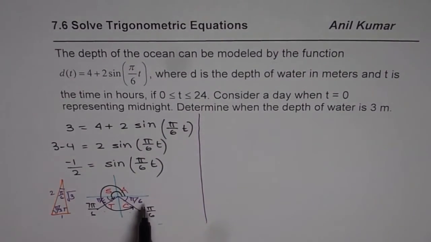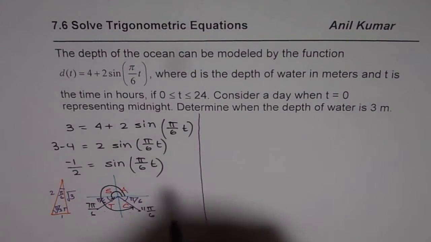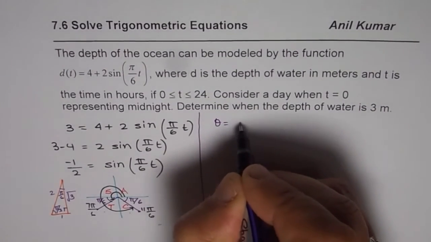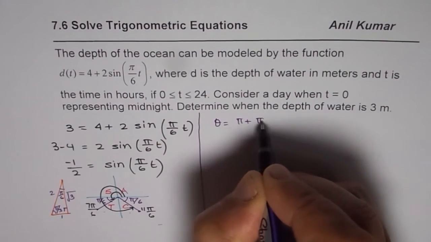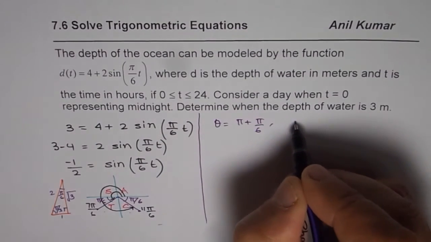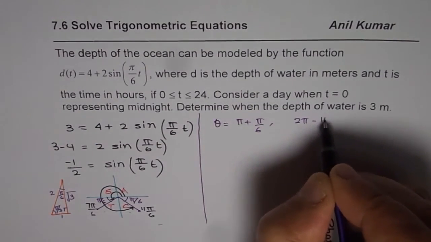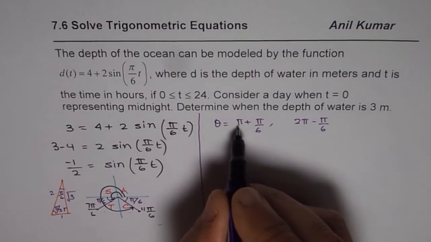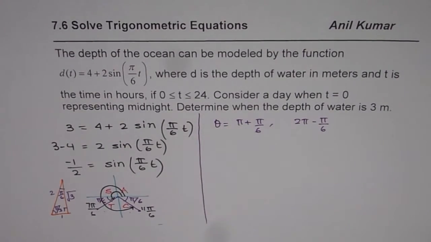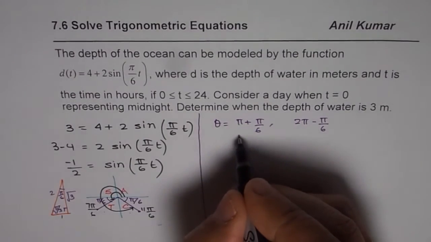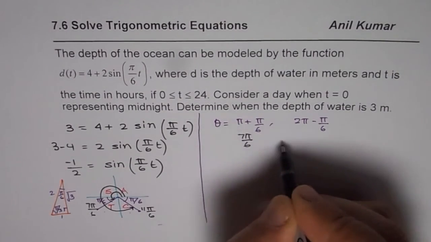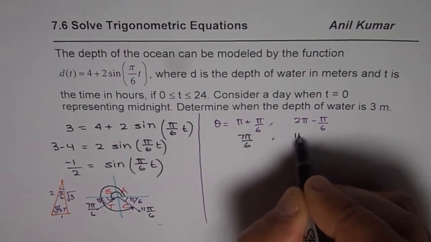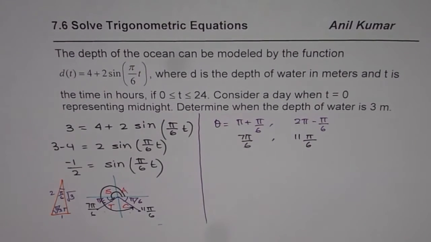The other one you can do 2 pi minus pi by 6. So theta could be either pi plus pi by 6, which is 7 pi by 6, or 11 pi by 6. Is that okay? So in one cycle, these are the two possibilities.